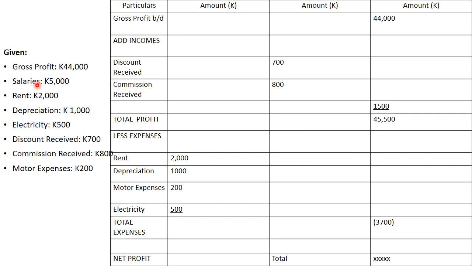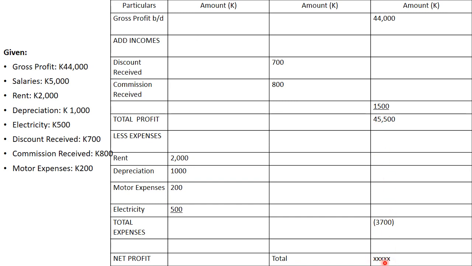So we list all these which are expenses from salaries, rent, depreciation, electricity, and motor expenses. So we list them. Then, of course, they have these values. Then we add them. Okay, 2,000 plus 1,000 plus 200 plus 500. It gives us 3,700.